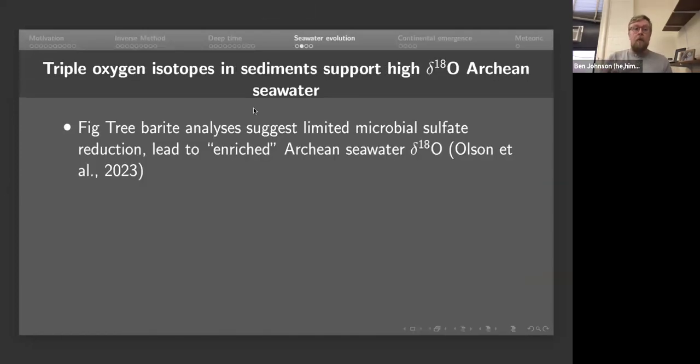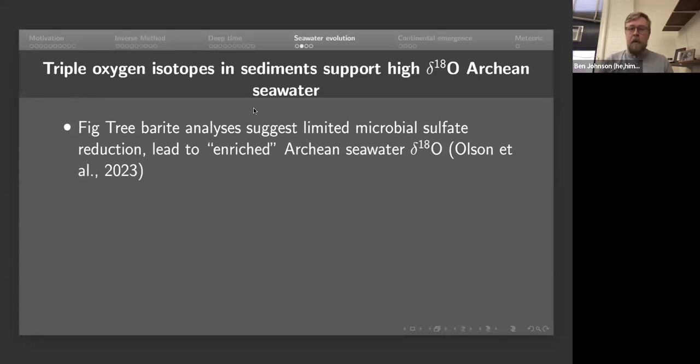I'll point out as well that some recent triple oxygen isotope work in some chemical sediments is also consistent with a relatively high or enriched δ18O value for Archean seawater.